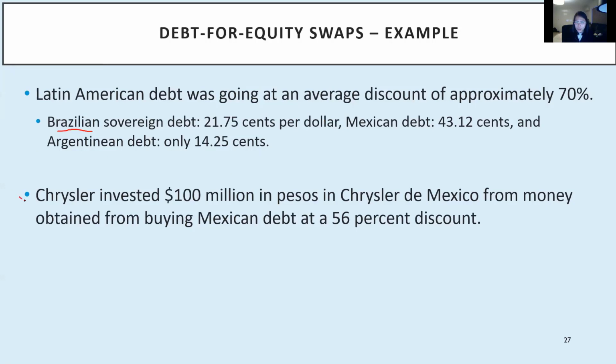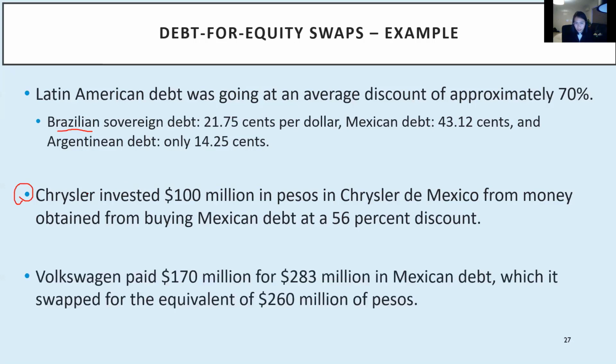So the corporations that were interested in investing in these countries were Chrysler, for example, and Volkswagen, okay? So in each of these examples, the corporations got to invest at a discount, okay?